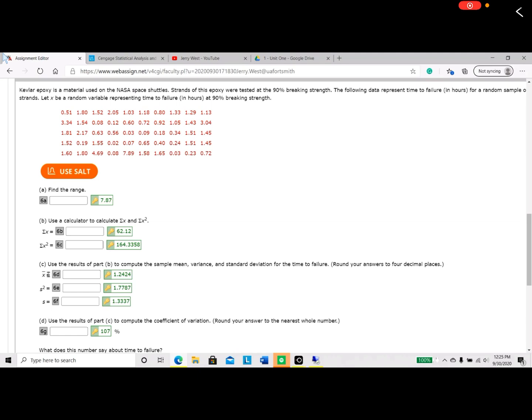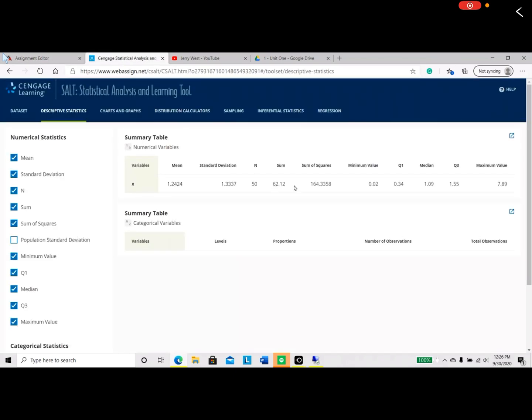Now on part C, we're asked to find mean, variance, and standard deviation. Variance is standard deviation squared. Or another way to look at it, standard deviation is variance square rooted. The mean is given here, 1.2424.